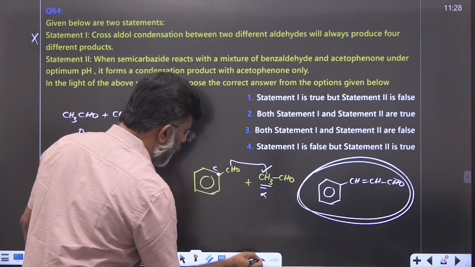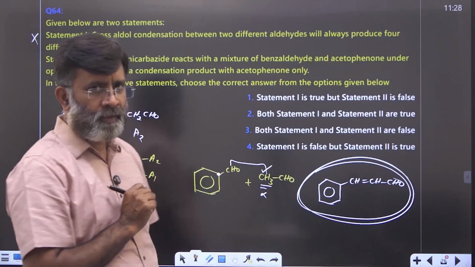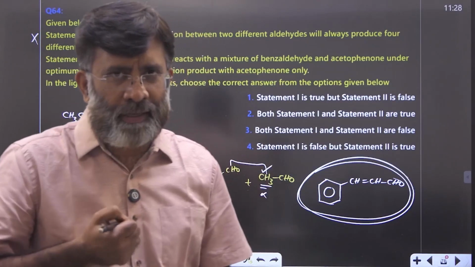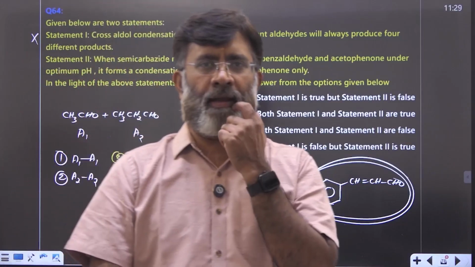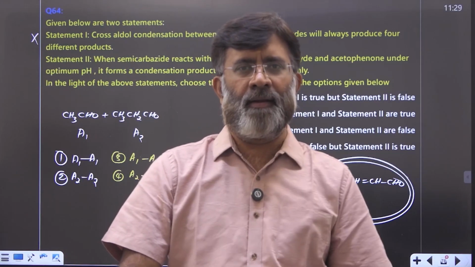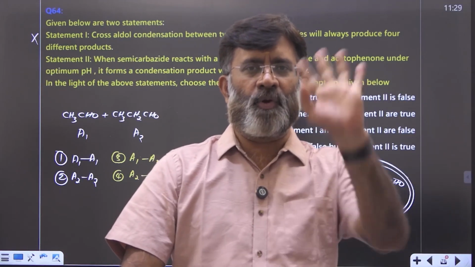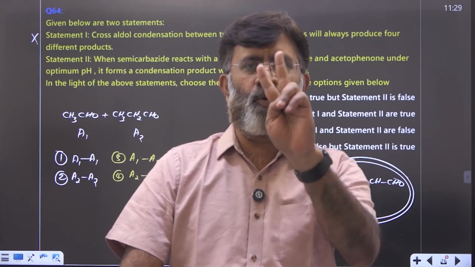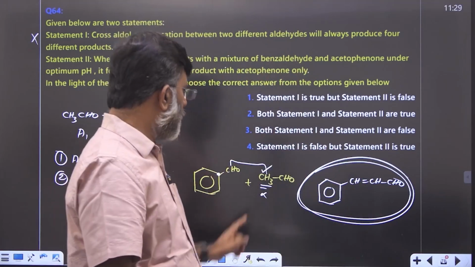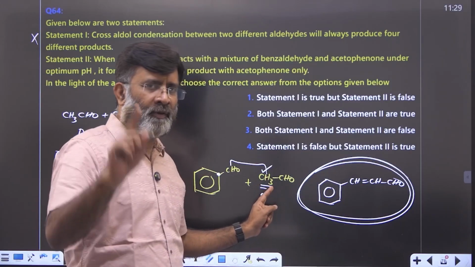This is the alpha carbon. There is no alpha hydrogen. So an aldol reaction cannot be triggered by benzaldehyde. So if you take an aromatic aldehyde like benzaldehyde treated with another aldehyde, you don't get 4 products. You will get only 2 products. What are the 2 products? This undergoes self-condensation, you get 1 product.